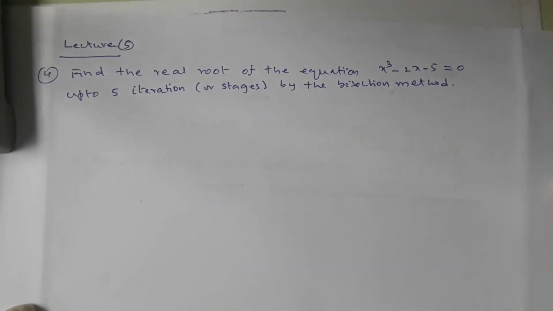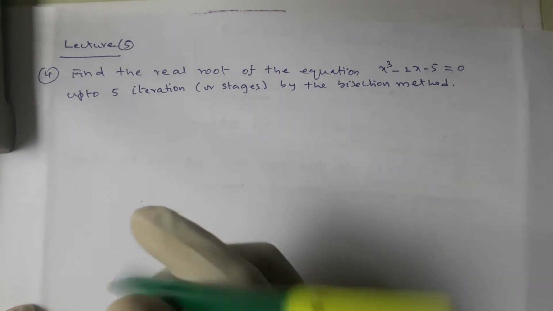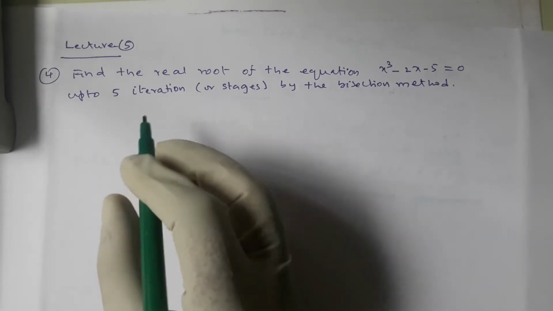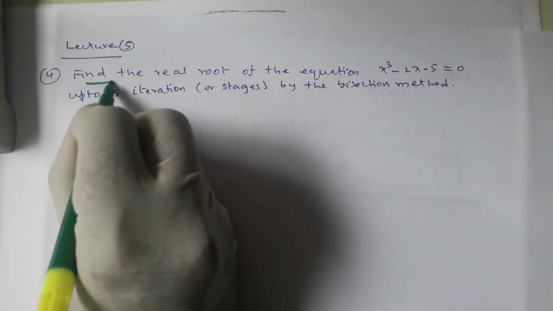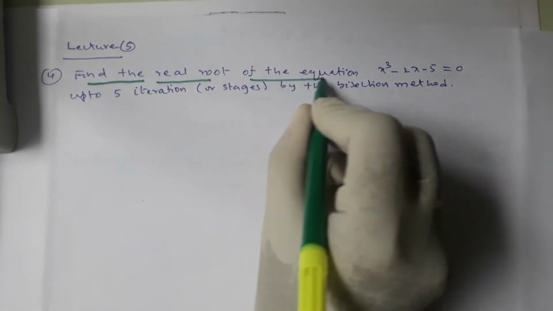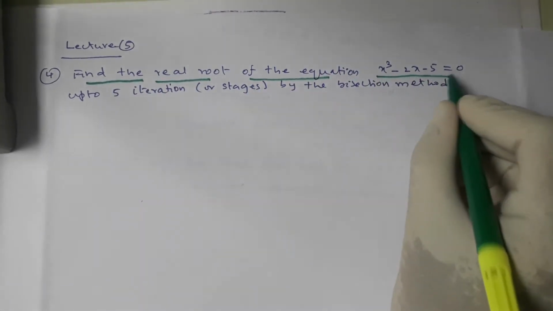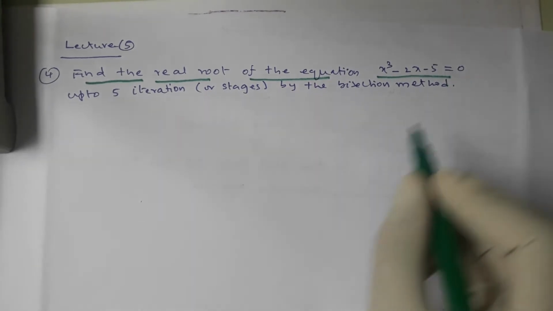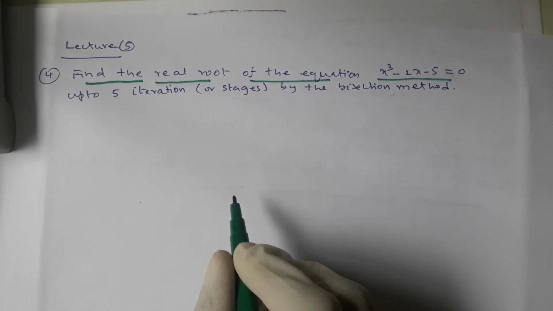So, no need of the 11 or maybe 12 iterations. Simply, they are asking the real root of the given equation when you proceed up to 5 iterations.